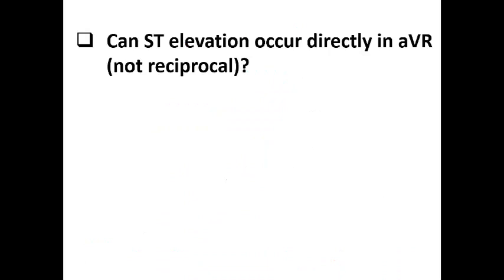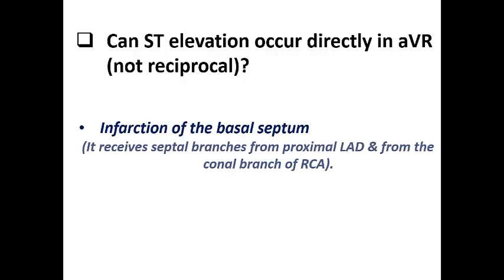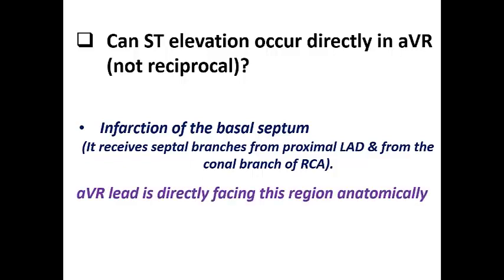We need to ask another question that we have mentioned before. Can ST elevation occur directly in aVR, not reciprocal? Of course, yes, in case of infarction of the basal septum, as in case of very proximal LAD occlusion, it can lead to ST elevation in aVR, because the basal septum receives septal branches from proximal LAD and also the conal branch of the RCA.